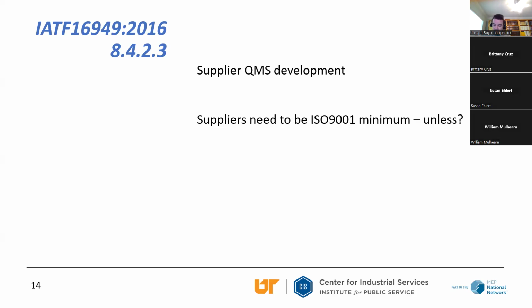If they're not, what do we do? What have some organizations done? We've said, yeah, we might contact our customer and get them to approve it, but we better be justifying it and documenting the risk and what controls we're putting in place to address those risks associated with this supplier that's not a minimum of ISO 9001.